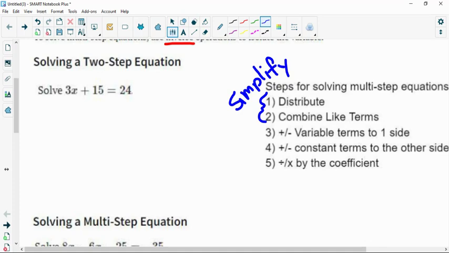Let's take a look at the example on the left and see what we can do. A strategy we could use is we could see what exactly is happening with the x. Well, we have 3 times x plus 15 equals 24.